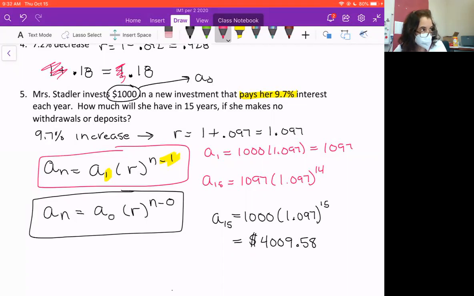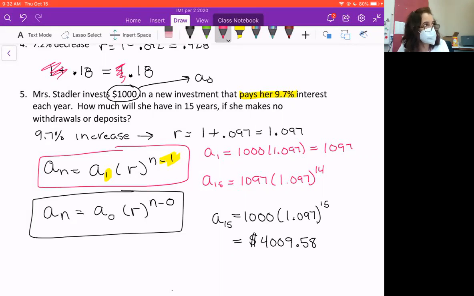So it does not matter how you do it. The one advantage of the other formula is you don't have to calculate a sub 1 because you just use a sub 0. But there's nothing wrong with doing it this way. Calculate how much is in your account after 1 year, and then you have 14 more years to go. If you start with a sub 0, we haven't done any interest yet, so we have 15 years to go, which is why the exponent is 15. The exponent is how many more times you get paid the interest.